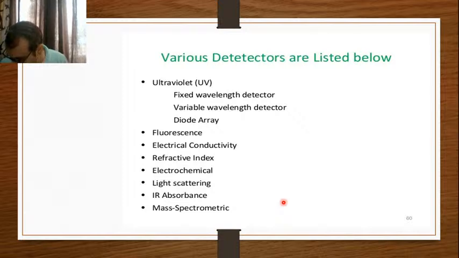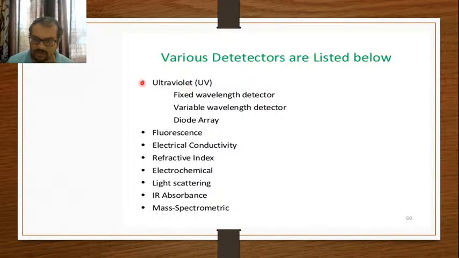One phase in a definite direction, good. Okay, I hope you all have got this. Now the detector systems I have already listed over here. UV is one of the most commonly used because of its simplicity. Most organic compounds show absorbance in the UV range, hence the UV detector system has been majorly employed.